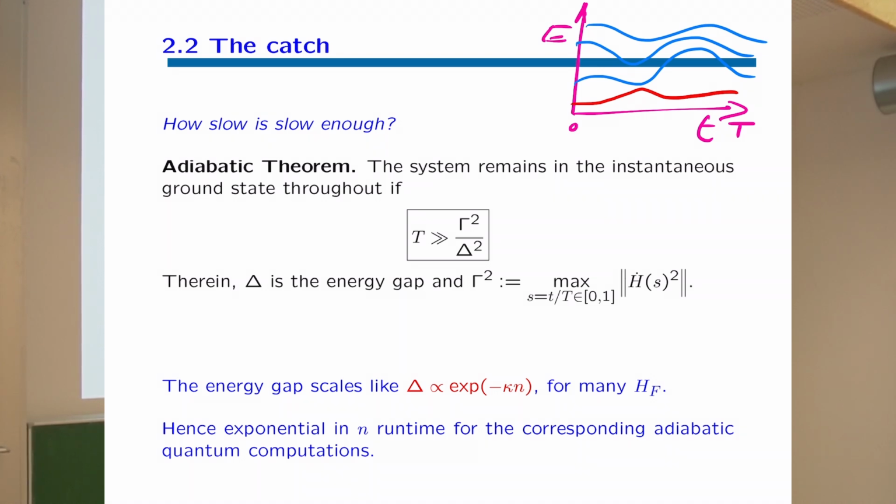The problem that occurs is here. Phenomenologically, it turns out that in many, most cases, there will be a point in the evolution where the ground state in energy comes very close to the first excited state.